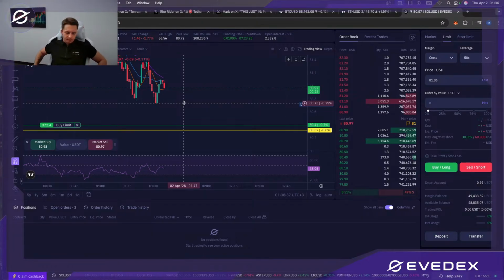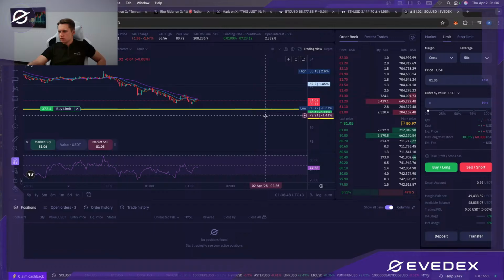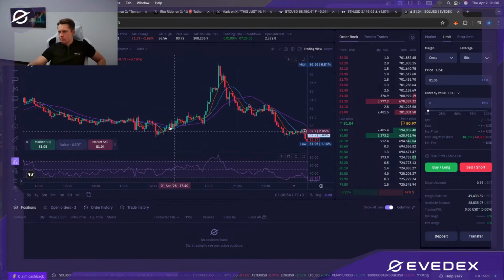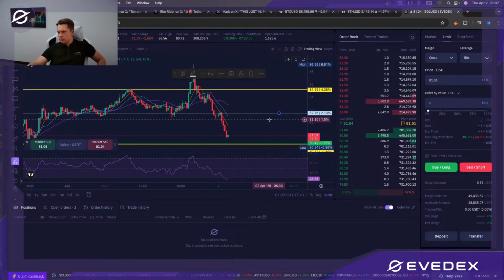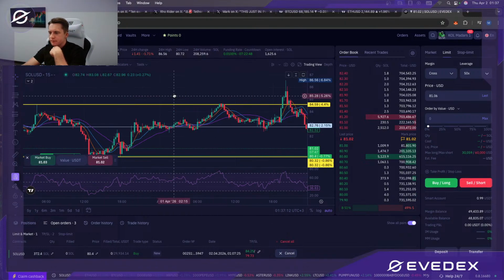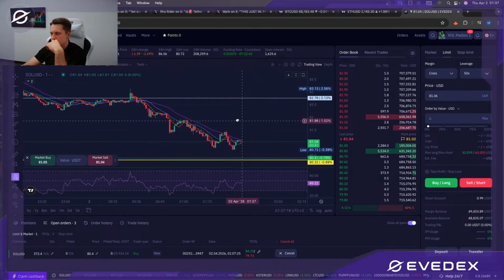So we have a buy limit ready to go, for a take profit near the resistance level, which is approximately around 84.59, and our take profit is at 84.25, so it's just shy of that.